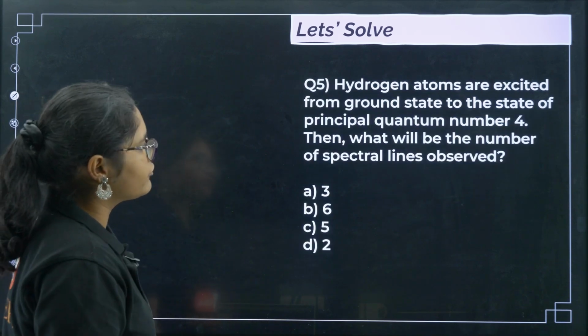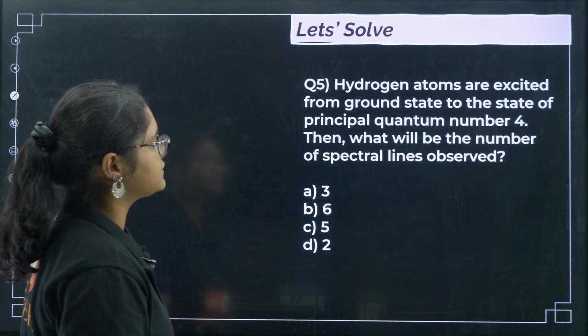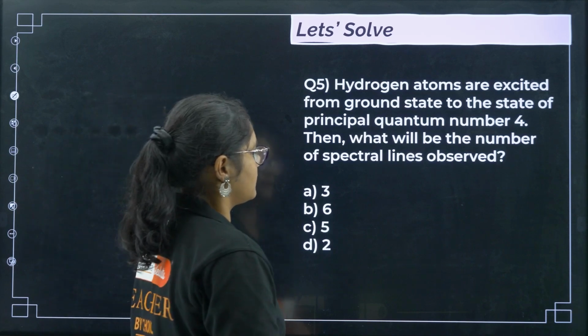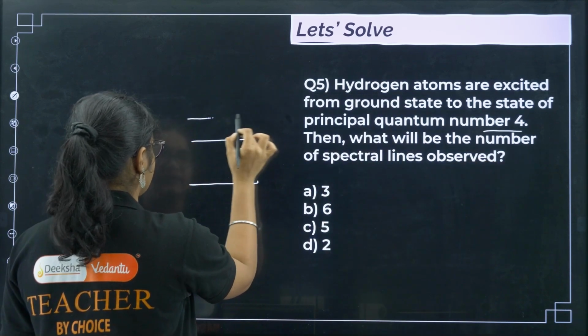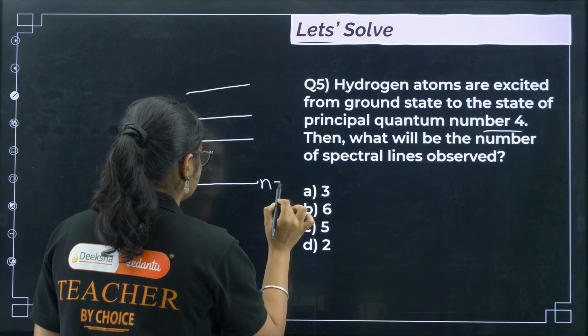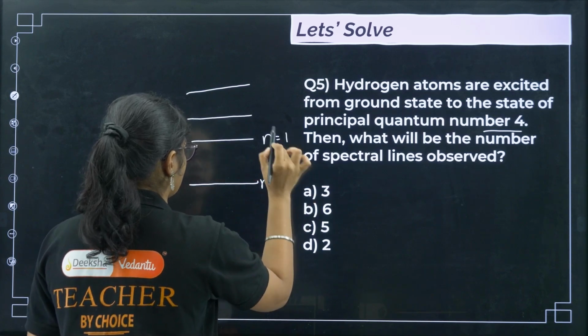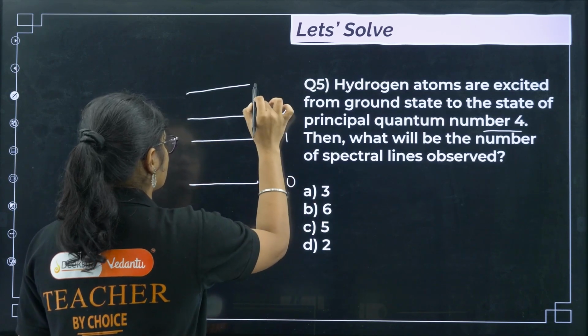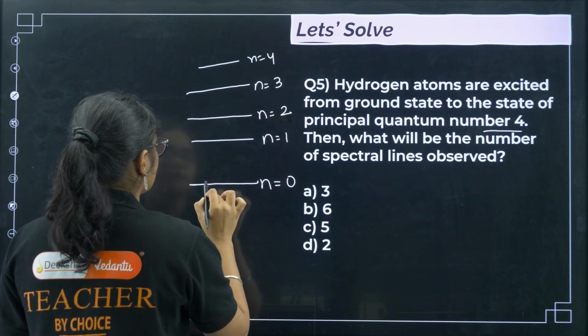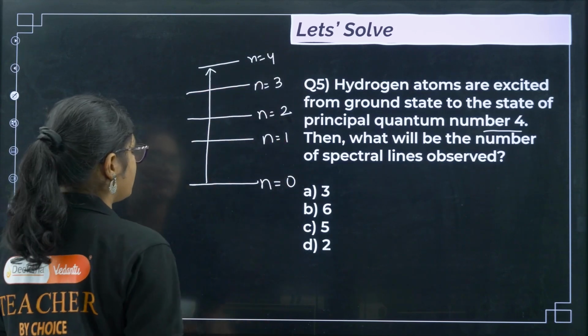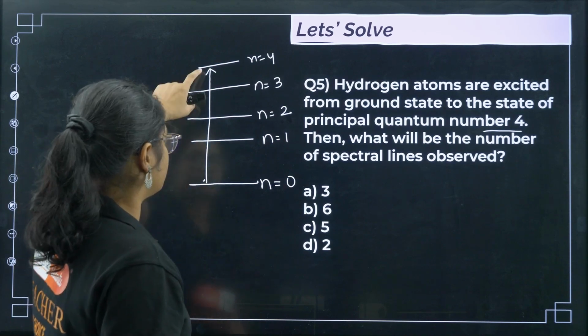Okay, next, hydrogen atoms are excited from ground state to the state of principal quantum number of 4. So that means we have hydrogen levels like this: n equal to 1, n equal to 2, n equal to 3, and n equal to 4. One electron was excited from here to here.